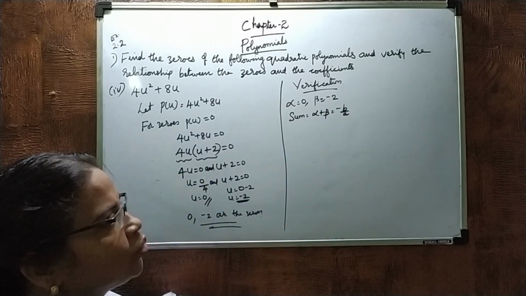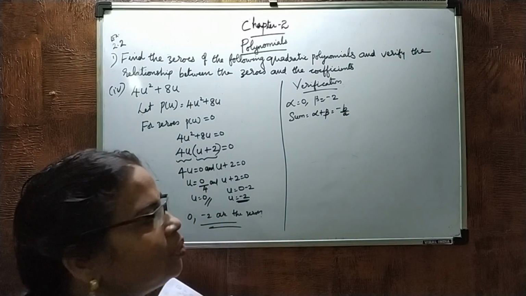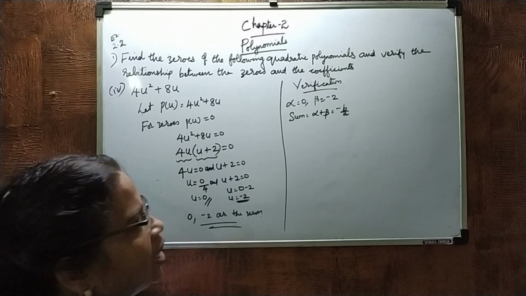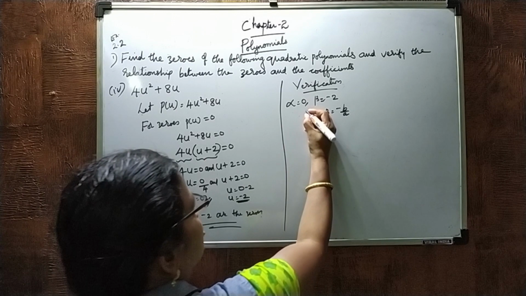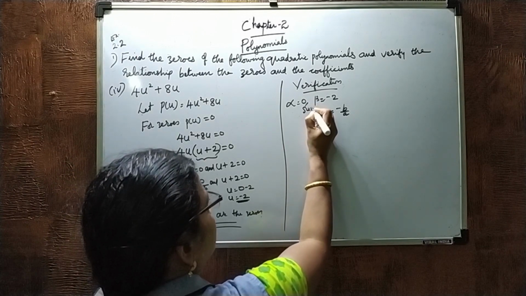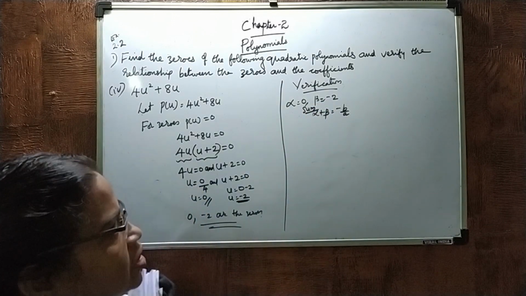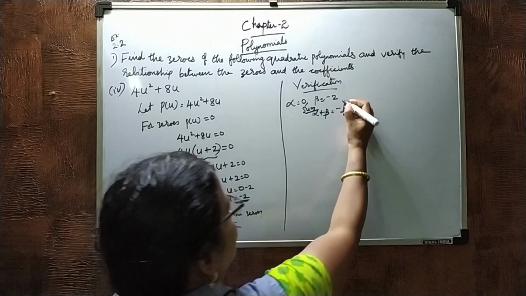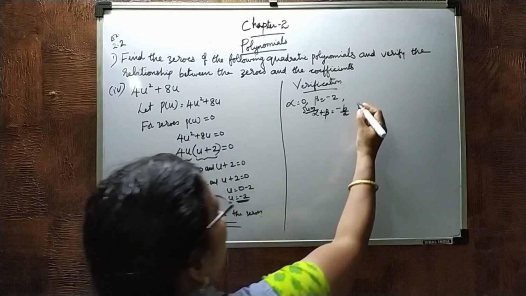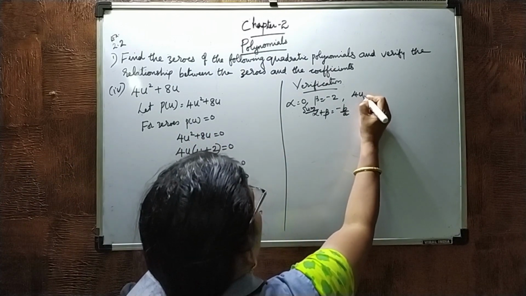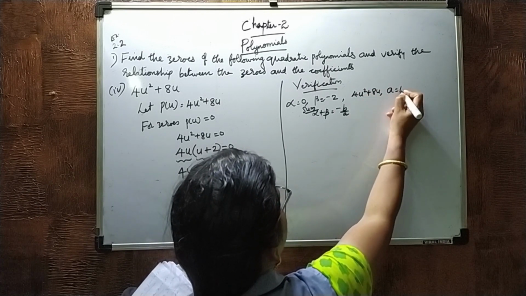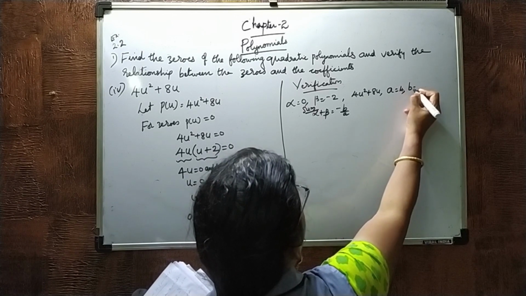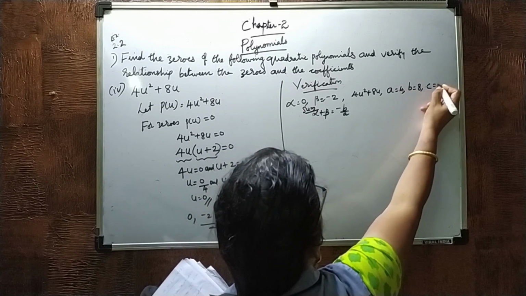So you are going to prove that alpha plus beta should be equal to negative b by a. And here we will write this as the heading, it will be better. So sum. Then alpha plus beta is equal to negative b by a. So what is the polynomial here? The polynomial is 4u square plus 8u. What is a? A is equal to 4, b is equal to 8 and c is equal to 0.